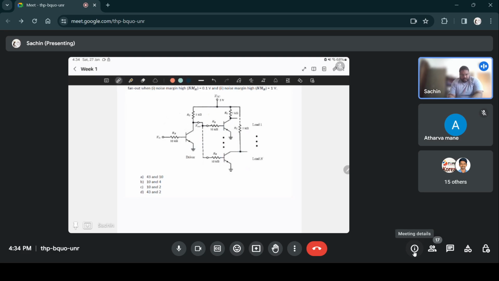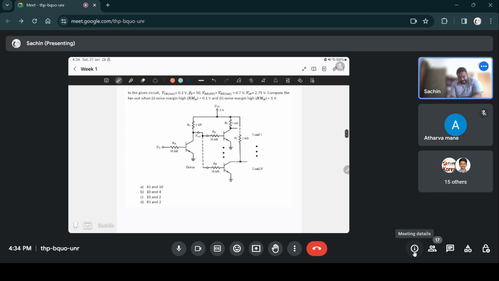Only when the input is low is there a difficulty. We cannot arbitrarily connect any number of transistors. So let's see, when the input is low, the output should be high, right?